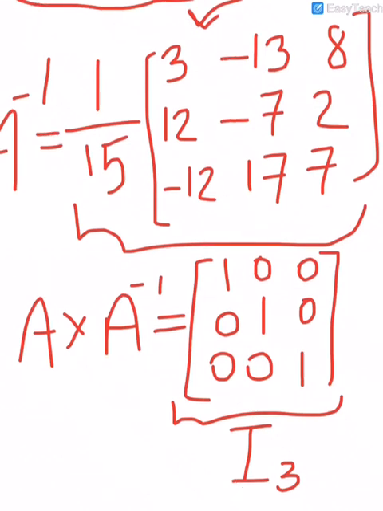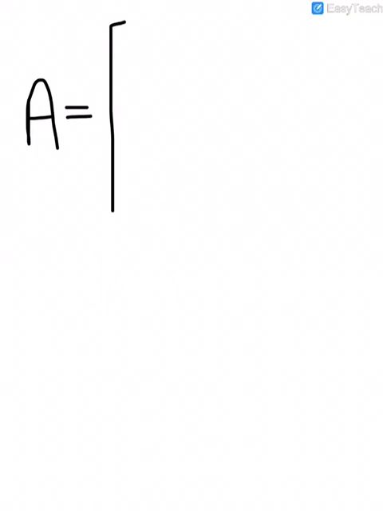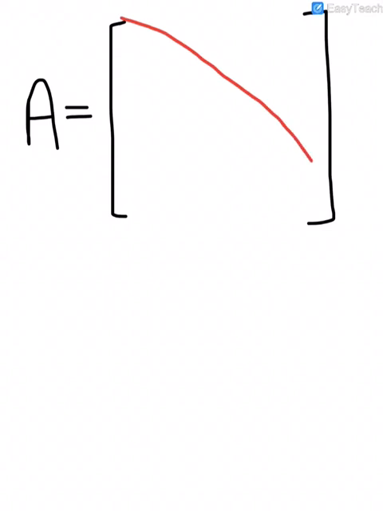Now I'm gonna give you a very cool definition. I told you, I guess, previously about the diagonal matrix. A diagonal matrix is a square matrix in which all the elements except those on the diagonal are 0.